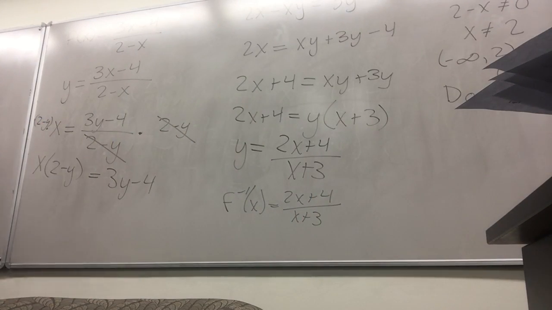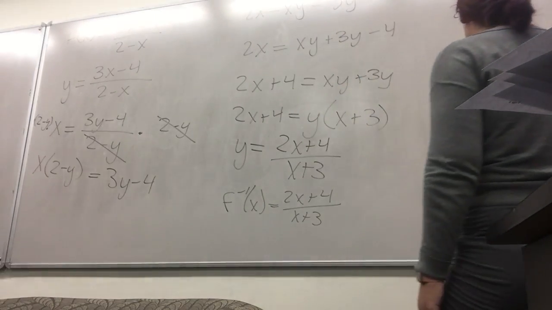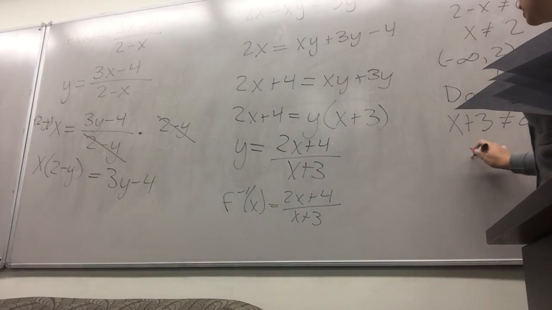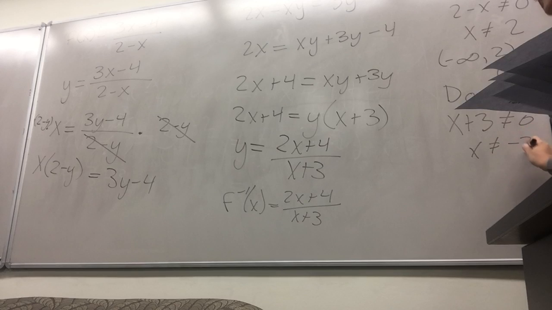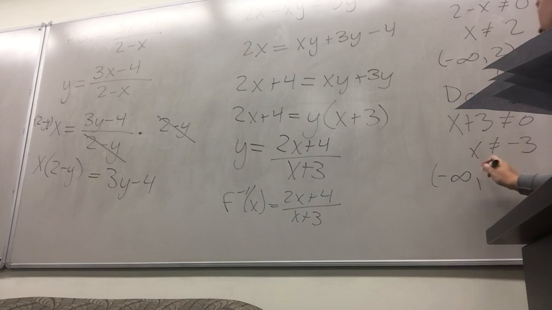Rational again. And we don't want x plus 3 to equal 0. So that means x can't equal -3. How do we write that out in interval notation? -infinity to -3, and then -3 to infinity.